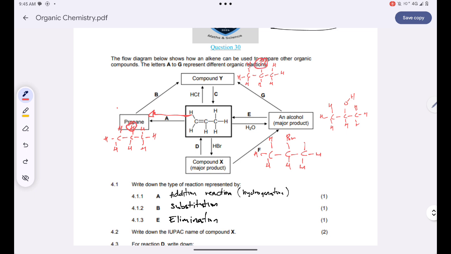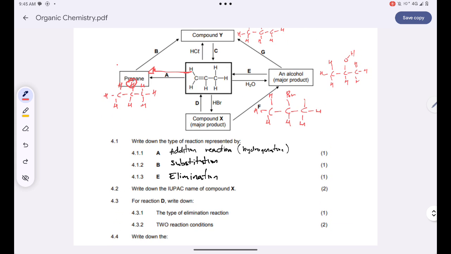That's why I'm having a substitution reaction. And then for reaction E, whenever I move from alcohol to propene, that means I would have eliminated these 2 over there. Are you together? And the type of elimination would have been dehydration.